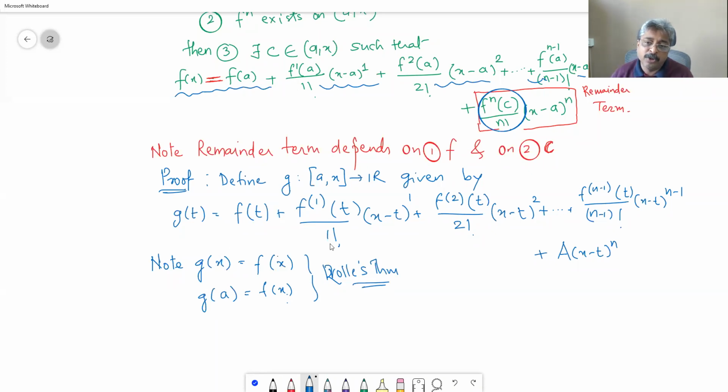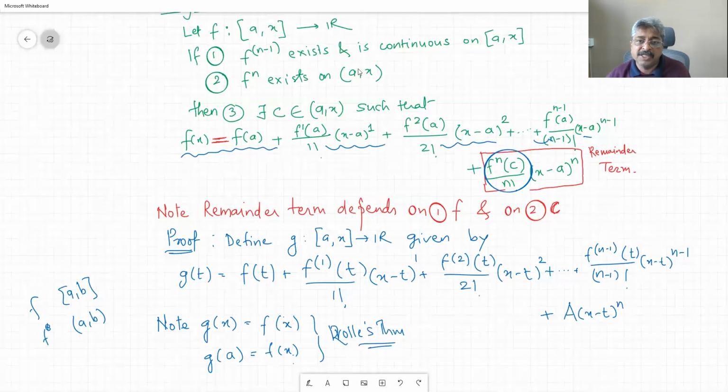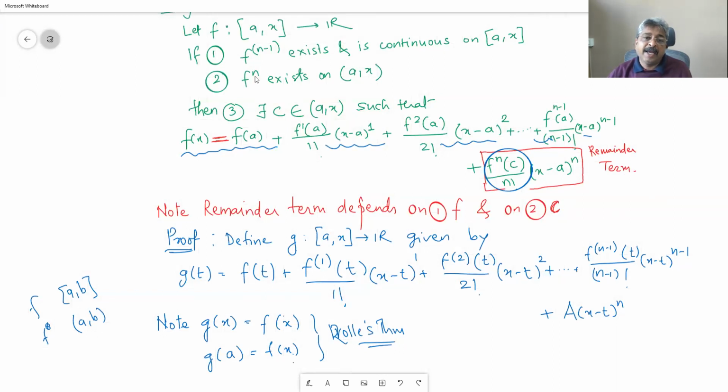Second requirement of Rolle's theorem was the function should be continuous over the closed interval a comma b, and differentiable over the open interval a comma b. Now these two conditions are also given over here: n minus 1 times continuous and nth derivative is differentiable over it.